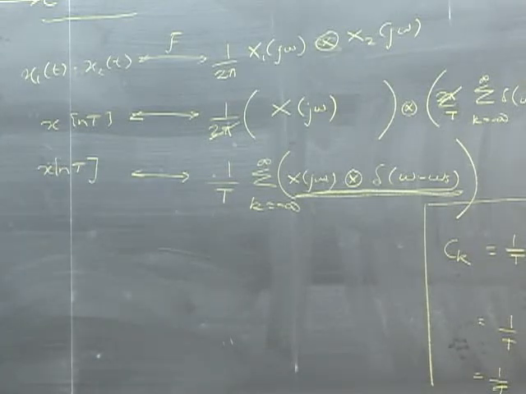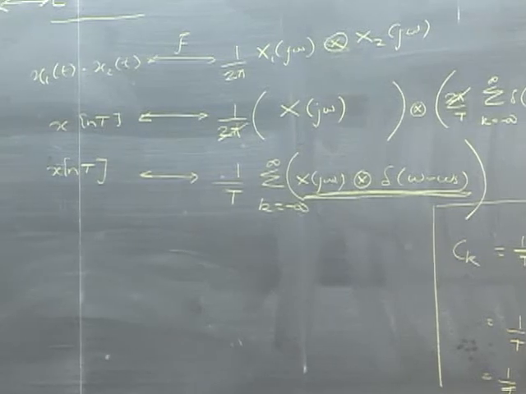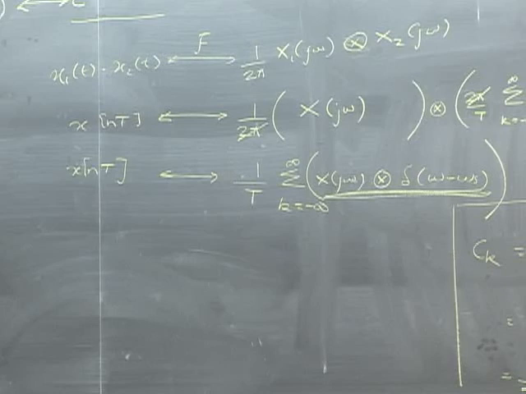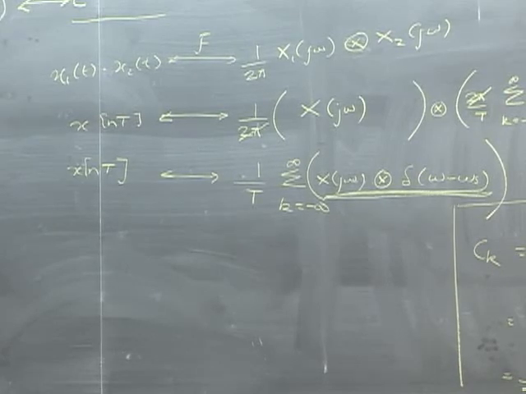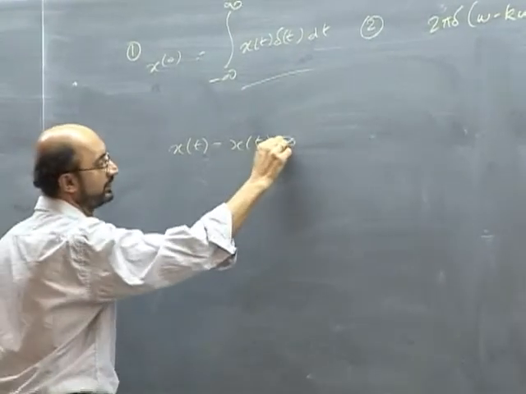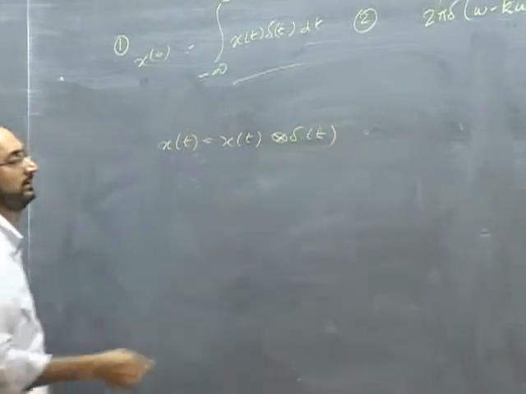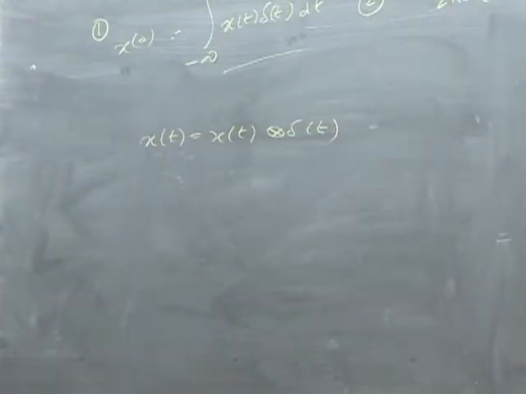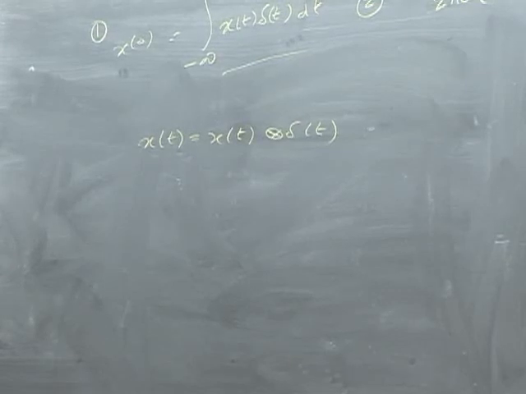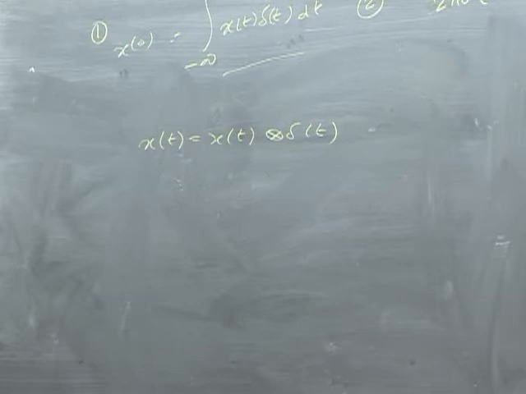By understanding what the delta function is doing when you convolve with it. The fact I'm going to start with is that x(t) equals x(t) convolved with delta(t). That's basically by definition. We studied this, I think I wrote this down some lectures back.